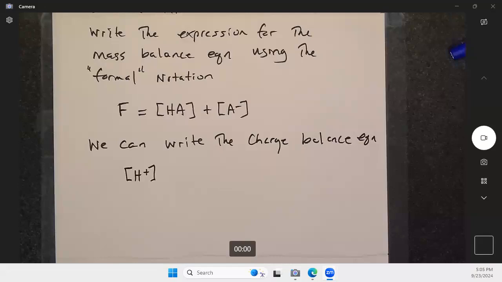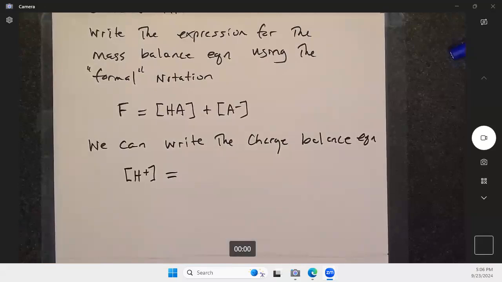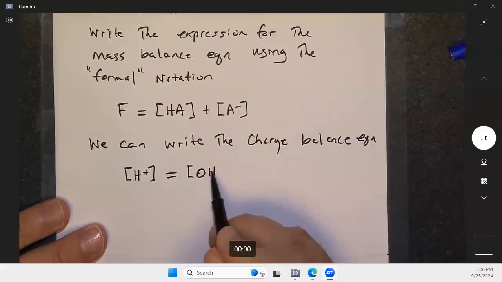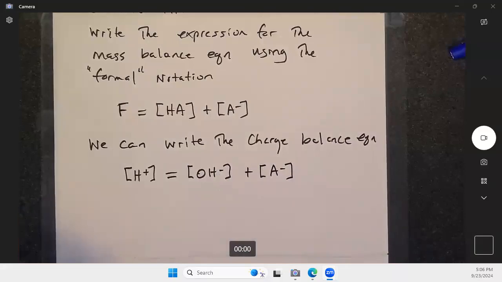Not really. Think of that weak acid equilibrium. There's nothing else positively charged for weak acid HA. What about the negative species? We have OH minus, and we have A minus, don't we? So there's our charge balance equation.